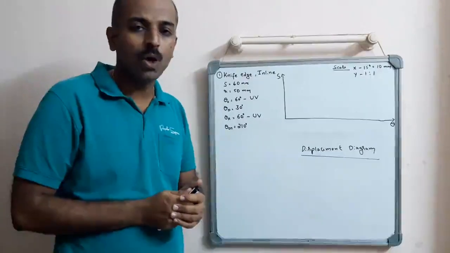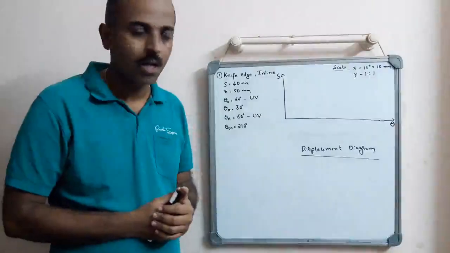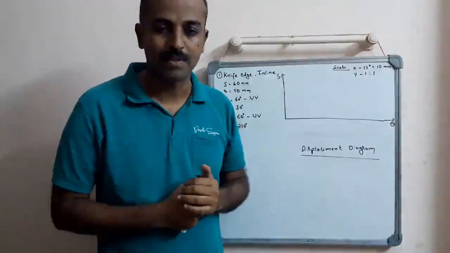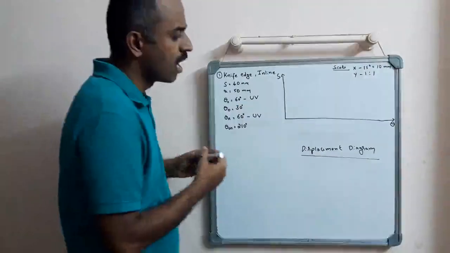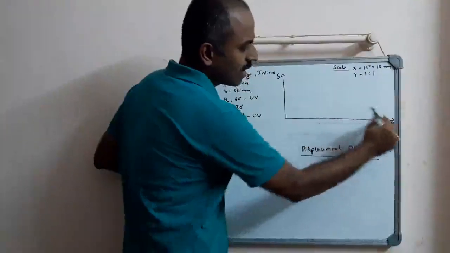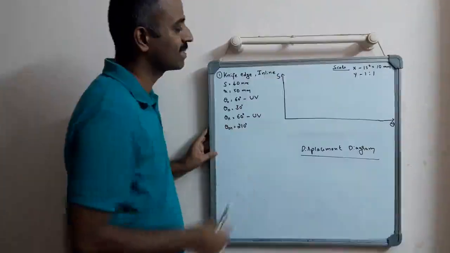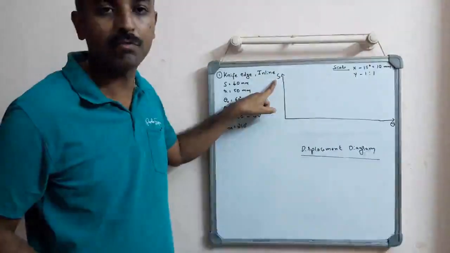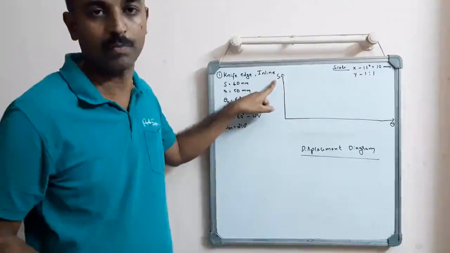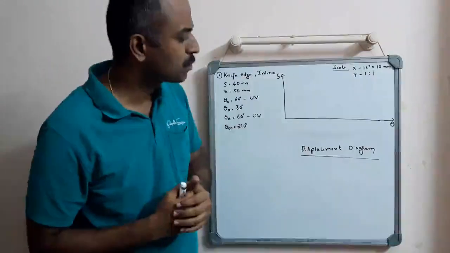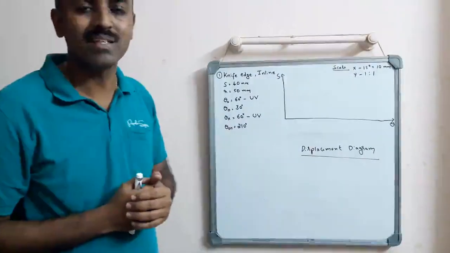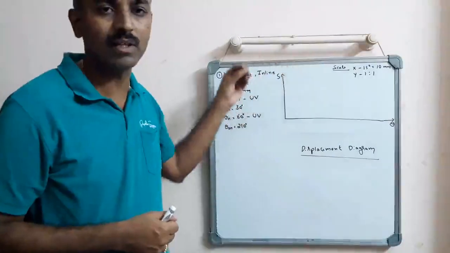In order to draw the displacement diagram, draw two orthogonal lines wherein the horizontal axis represents the cam rotation theta and the vertical axis represents the displacement or stroke of the follower. In order to draw the displacement diagram, we need to take scale for horizontal axis and vertical axis.